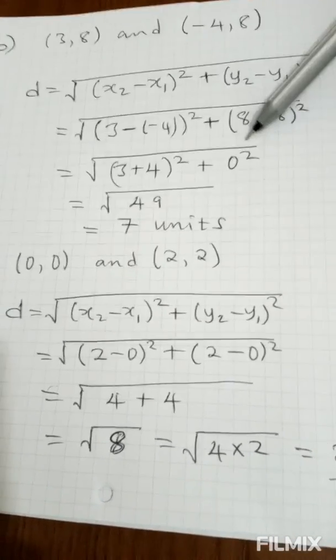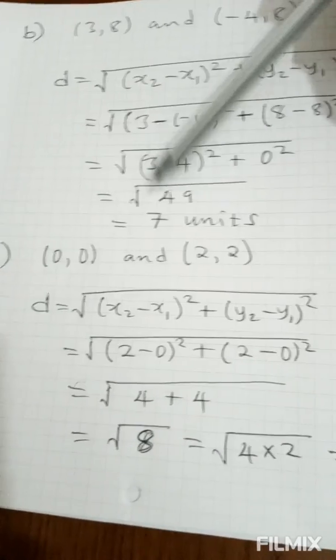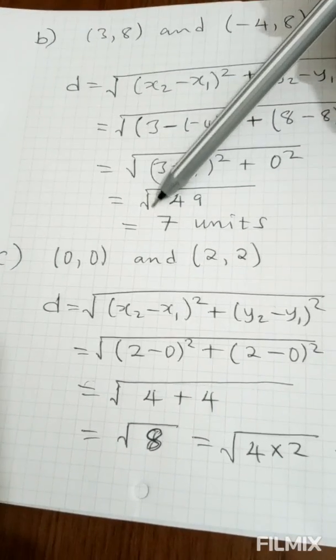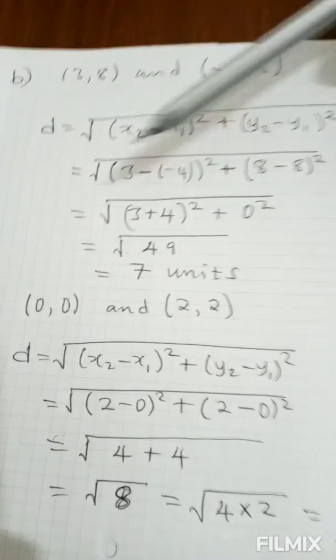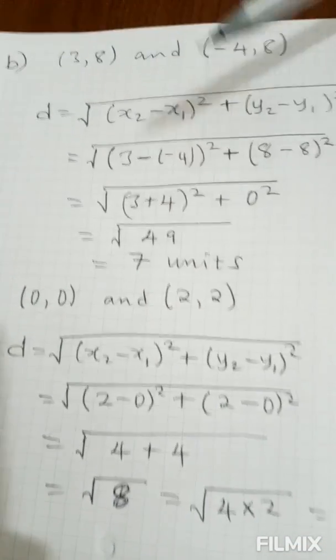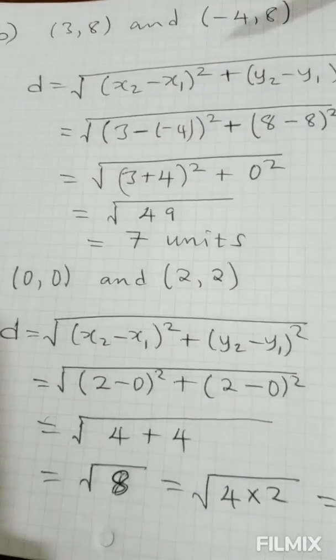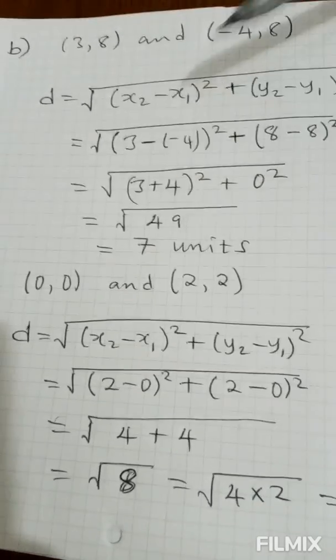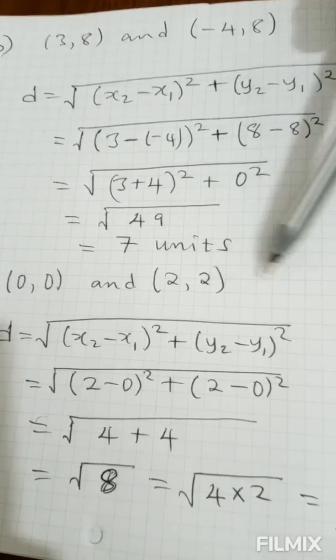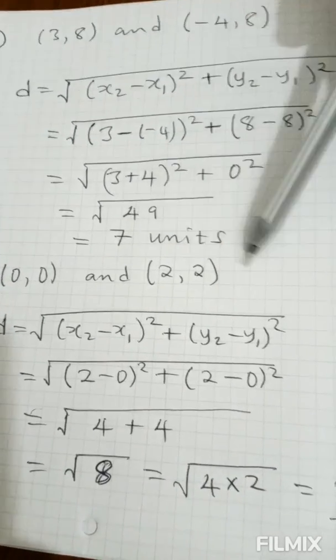That has no effect. So we have the square root of 49, which gives us 7 units. We are saying that these are units because we could have centimeters, meters, kilometers, miles, but we don't know what it is, so we use the general term: units.